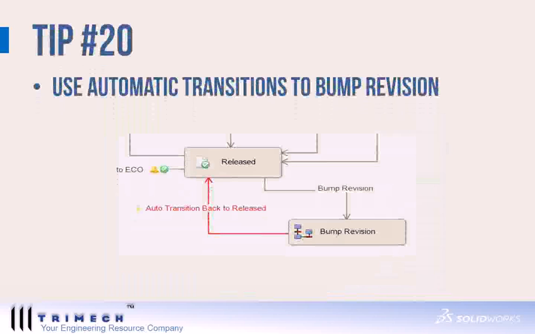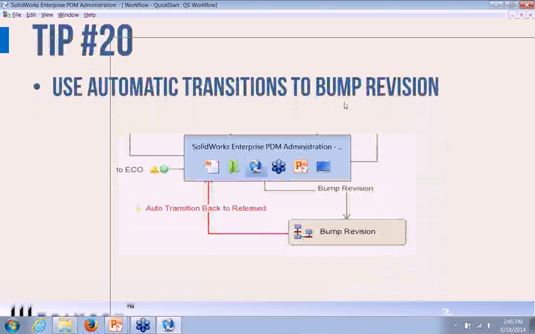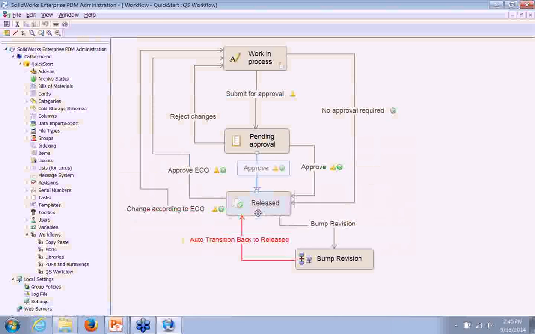So you can create a single right-click change state that will bump the revision and then bring it immediately back to the release state. So let's take a look inside of the administration tool here. I've got my release state. If I right-click on a file and tell it to bump revision, what will happen is the file will go from released, go through this transition, come here, bump the revision up to the next letter or number, and then automatically transition back to the release state.